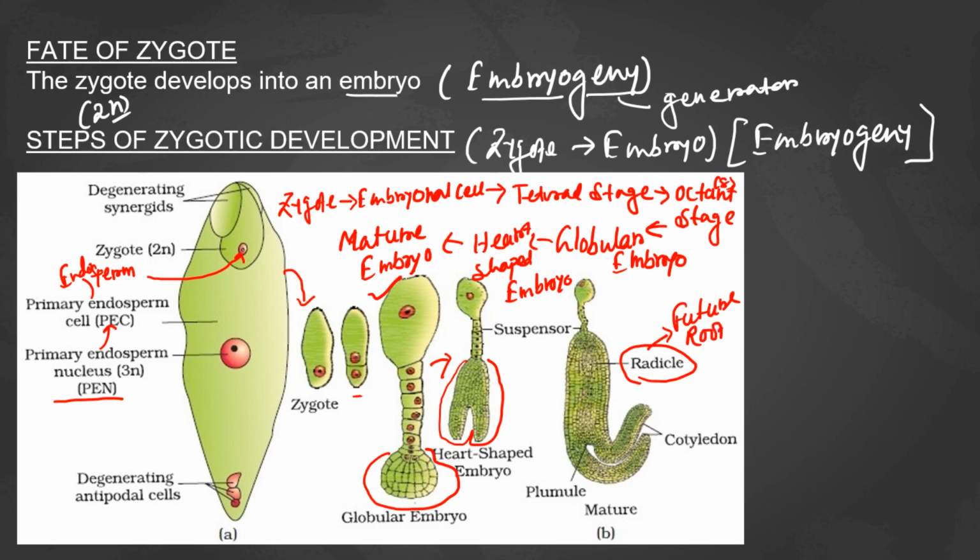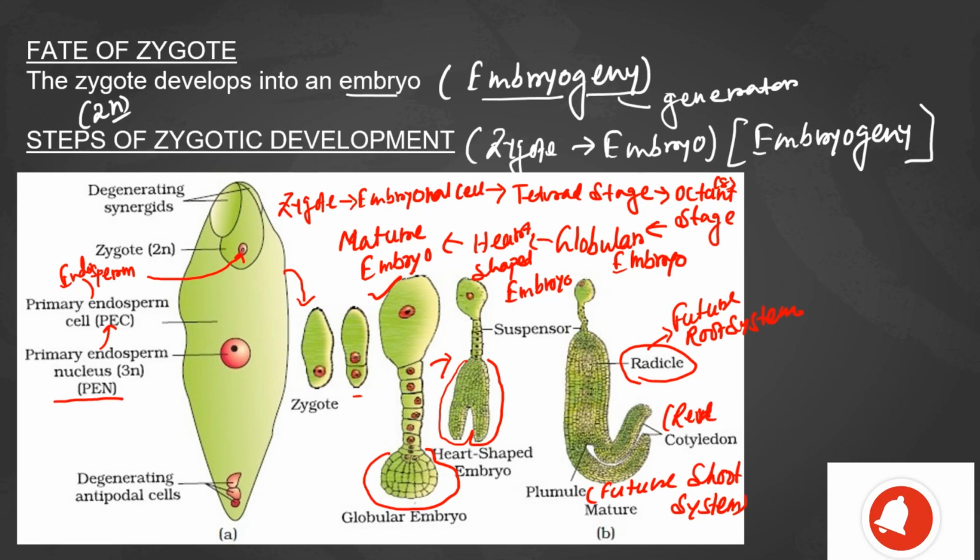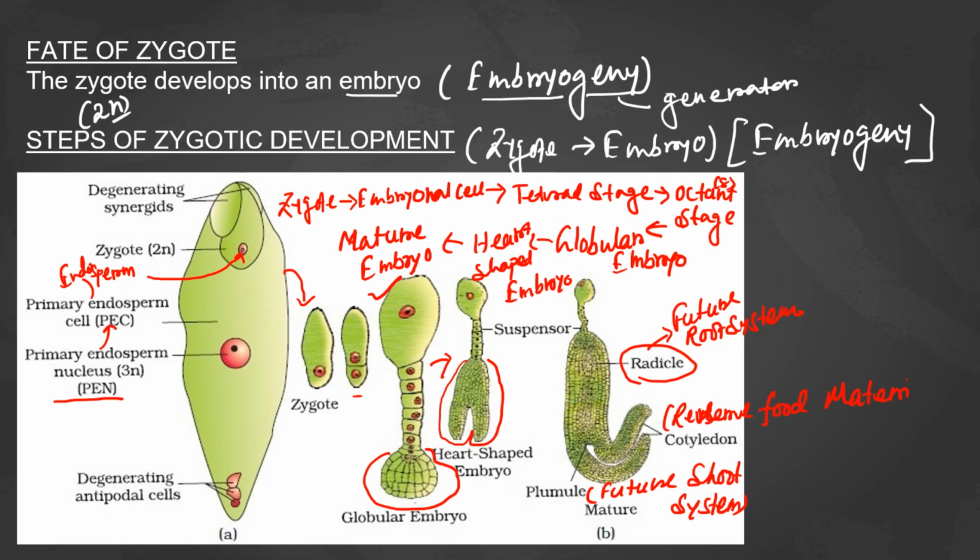And the plumule is nothing but the future shoot system, and the cotyledon we already know stores the reserve food material. So these are the actual parts of the mature embryo.